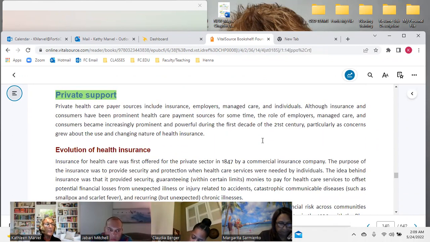Your employers have health insurance for you, or you're purchasing it on the open market. The rest of this chapter goes through all the different kinds of private support. We don't need to go through all that. I just want you to know the four categories of how healthcare is paid for. Make sense?